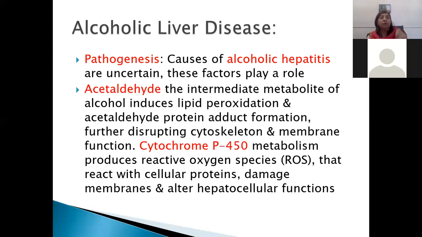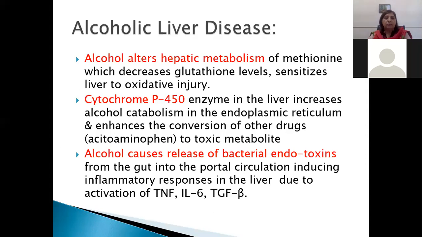So acetaldehyde, which is an intermediate metabolite of alcohol, can lead to lipid peroxidation and acetaldehyde protein adduct formation, further disrupting the cytoskeleton. And cytochrome P450 itself produces reactive oxygen species, and these reactive oxygen species also interact with the cellular protein, damaging the membrane and altering the hepatocyte function.